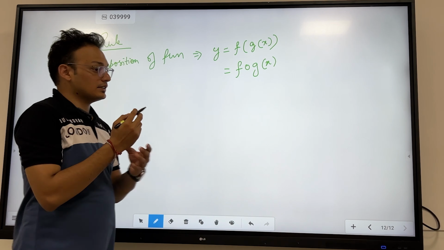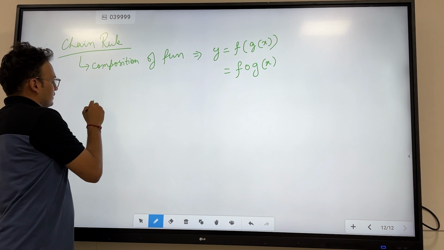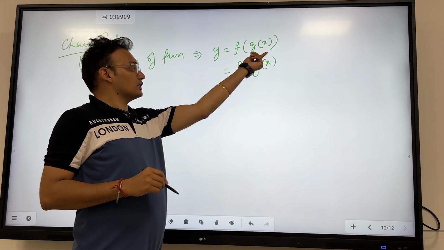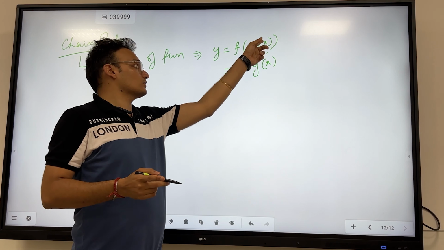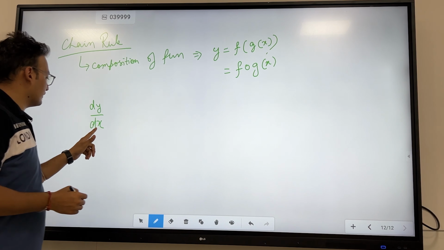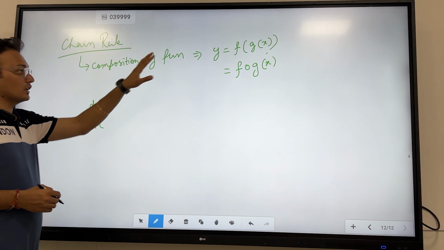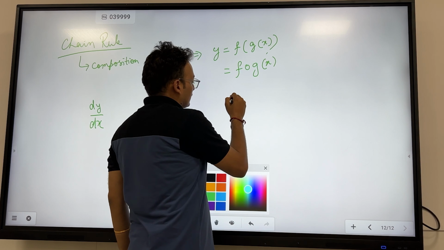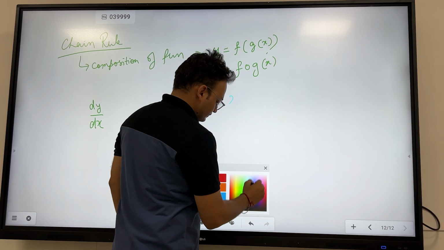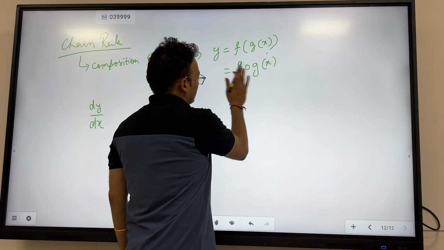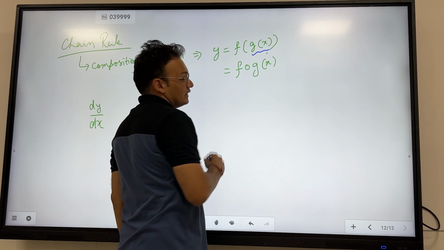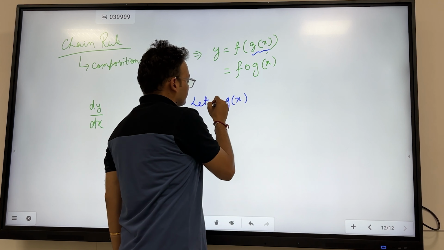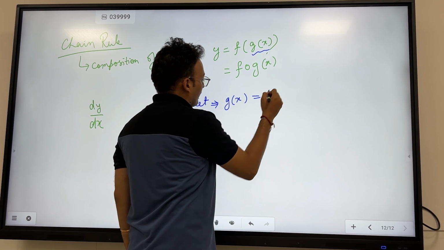So in this case, now I have to find dy over dx, right? But the f function is the function of g(x), not x. But we are differentiating with respect to x. So what I can do is, we will assume the inside function, that is g(x), as t, right?